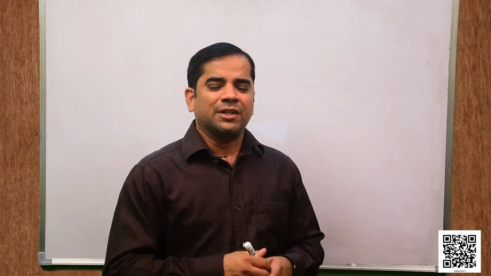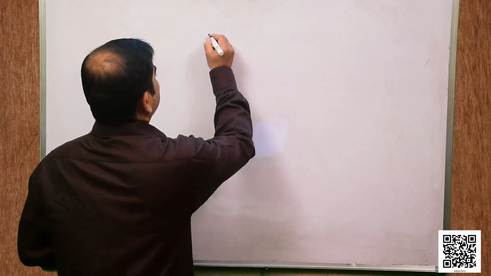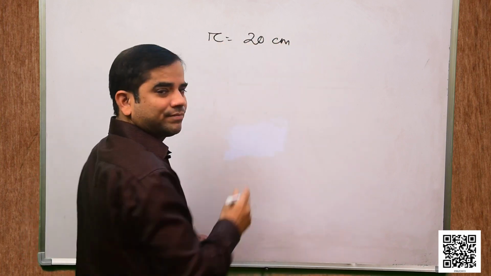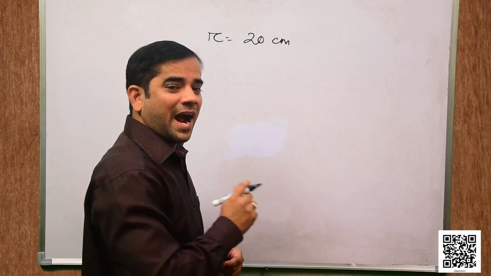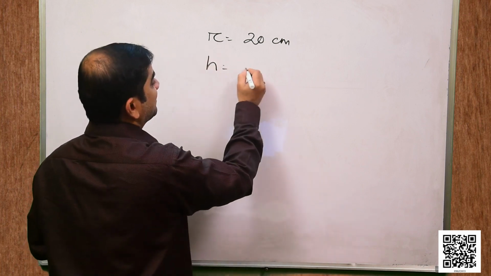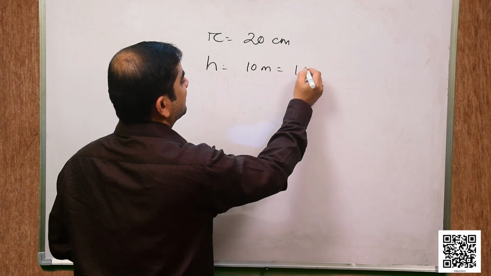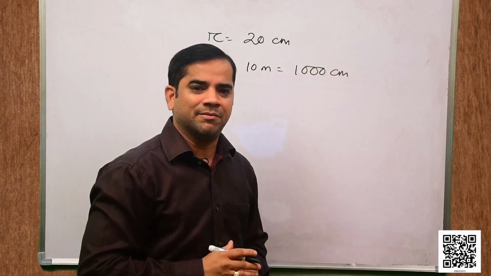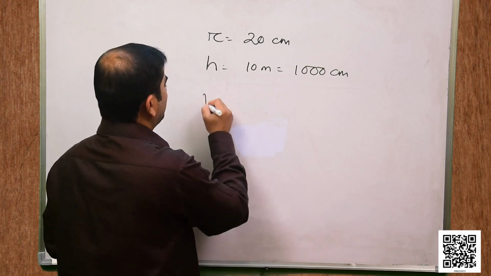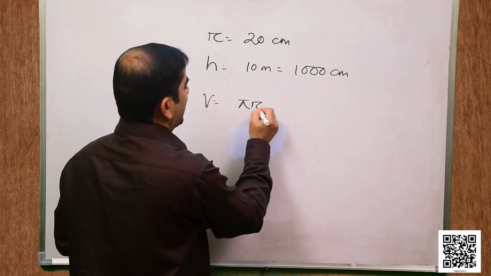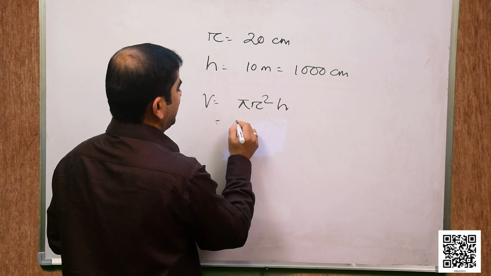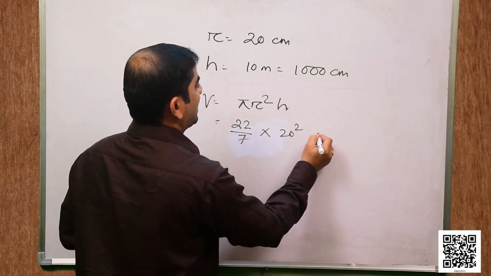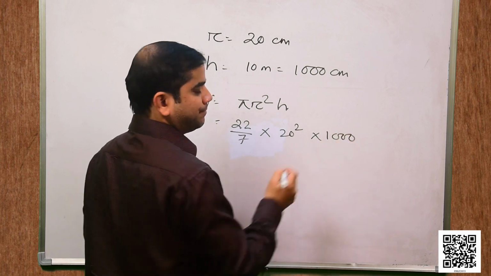Okay, so the given data is radius is equal to 20 centimeter, fine, and height is 10 meter, that is 1000 centimeter. Okay, so what is the volume? Volume is equal to pi r square h, that is 22 by 7 into 20 square into 1000.